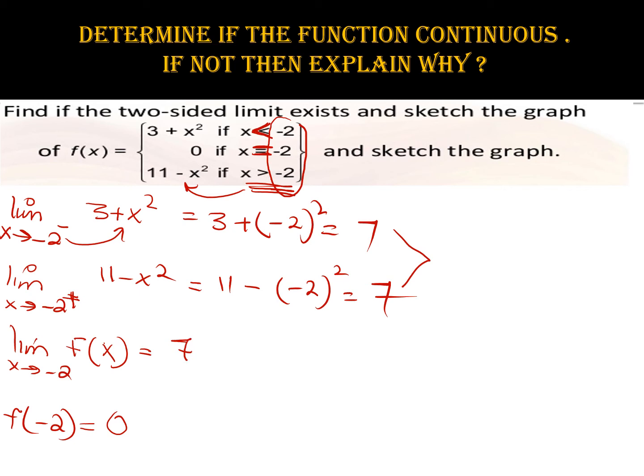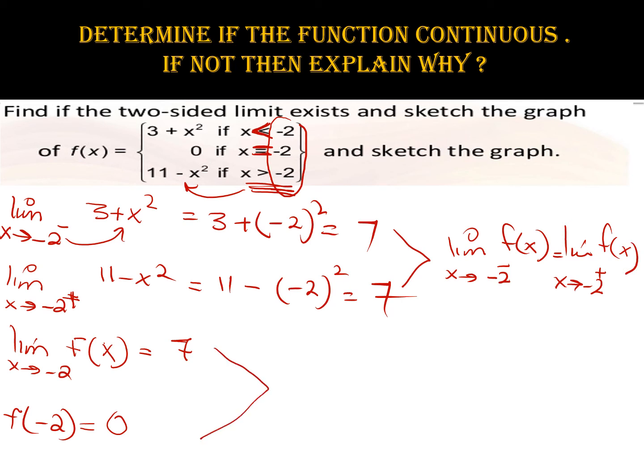Now compare: the limit as x approaches -2 from the left-hand side, yes, it is equal to the limit as x approaches -2 from the right-hand side. But the second situation, which says the limit as x approaches -2 from both sides, is not equal to f of -2.